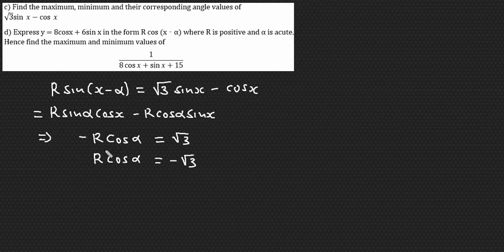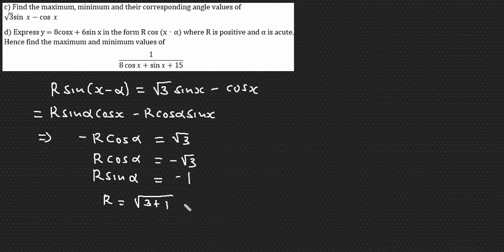Then I see the coefficient of cos x. Here it is R sine alpha equal to negative 1.